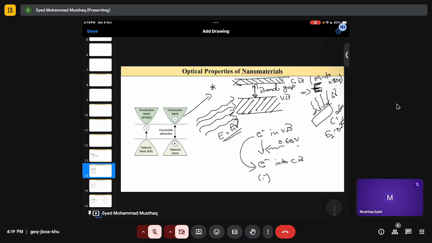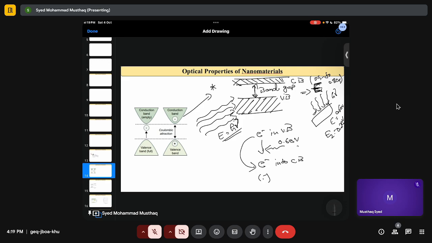So that is what we see in metals. Metals have very low band gap, and in some metals there is even an overlapping of the conduction band and valence band. All the radiation which you are trying to show onto a metal is getting absorbed.